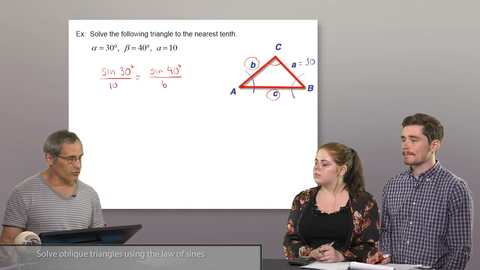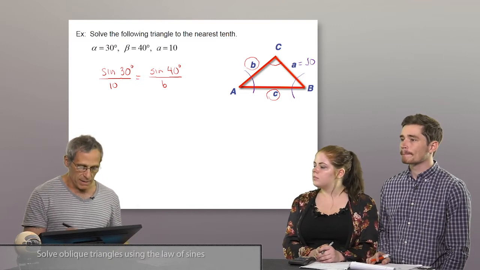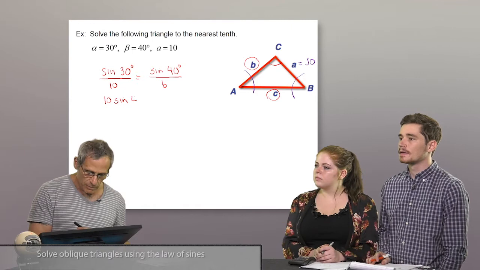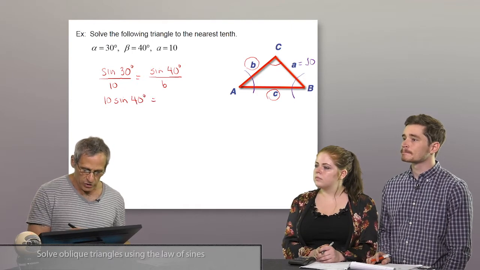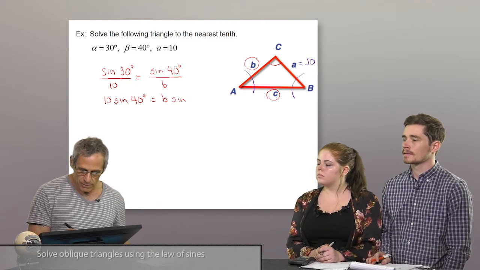I'm just going to solve for b by multiplying both sides of the equation by 10b, and I'd end up with 10 sine of 40 degrees is equal to b times the sine of 30. Very good.